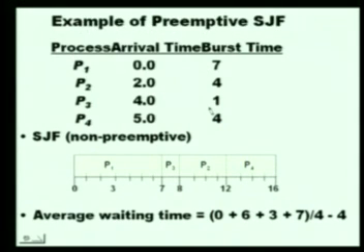Now, in case of a shortest job first non-preemptive, let us say P1 comes, we make it execute. Now, the moment P1 is over, what are the jobs which are there in this waiting queue?